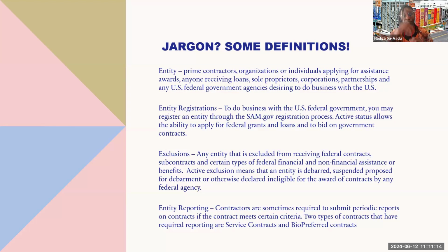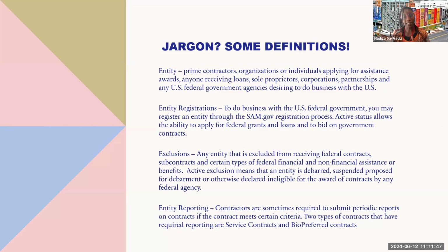And that's important because you can fall into one of these definitions, whether you are essentially a civilian business or you're an entity with the government. Entity registrations. What this means in a nutshell is if you're going to do business with the US federal government, you may register an entity through the SAM.gov registration process.